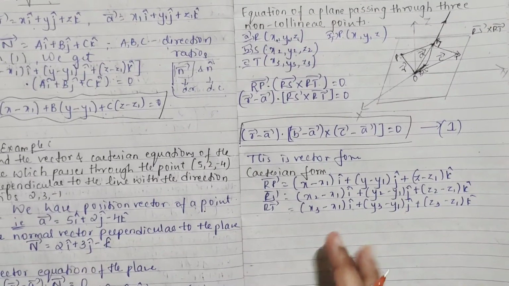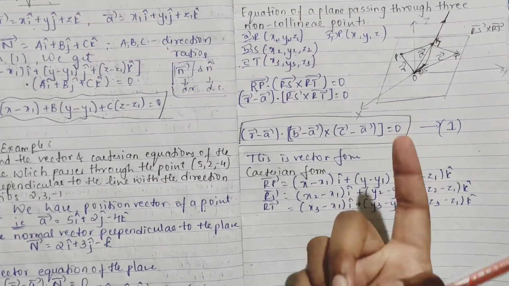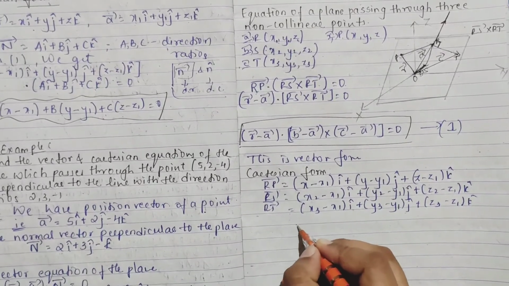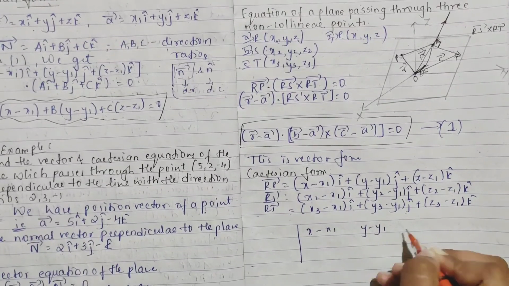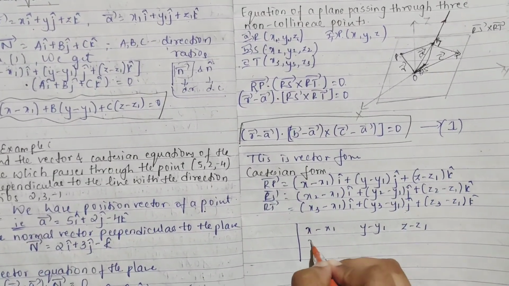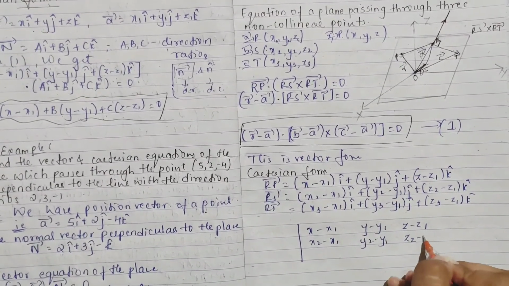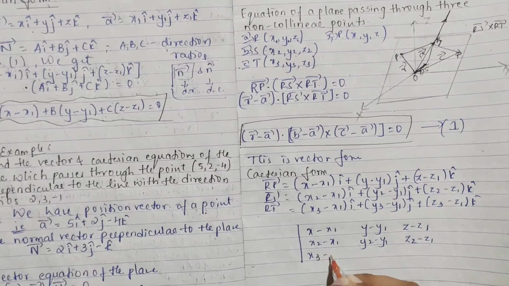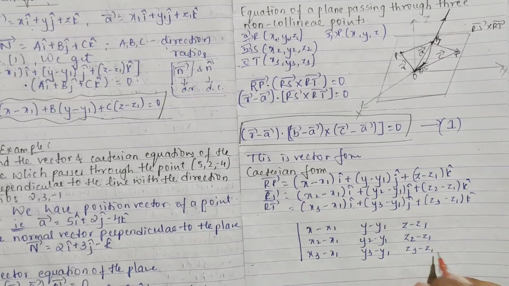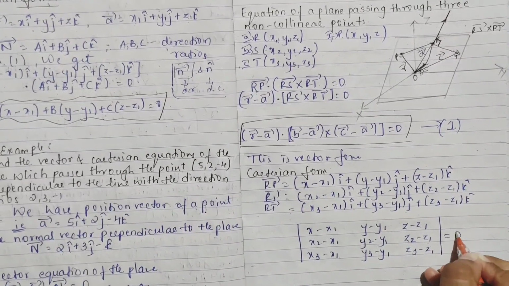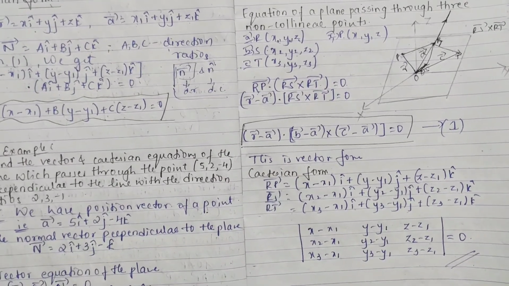We are just expressing it in the form of a determinant after substituting. So you'll get the rows: x minus x1, y minus y1, z minus z1; x2 minus x1, y2 minus y1, z2 minus z1; x3 minus x1, y3 minus y1, z3 minus z1, and this is equal to 0. So this is your Cartesian form. I hope this much is clear.